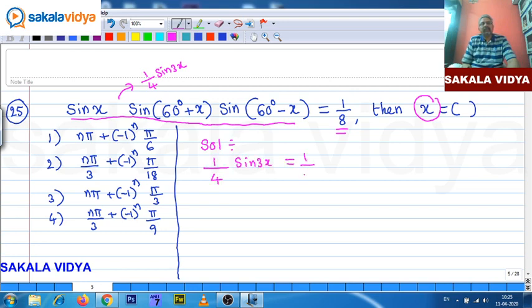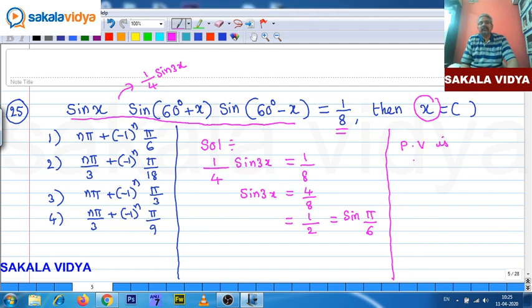Sin 3x is equal to 4 upon 8, whose value is 1 by 2. So this 1 by 2 we can write as sin 30 degrees, pi by 6. So the principal value alpha is equal to pi by 6.